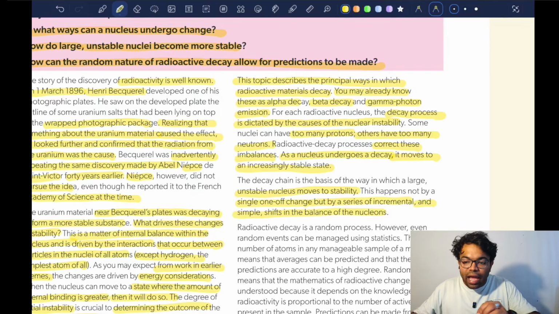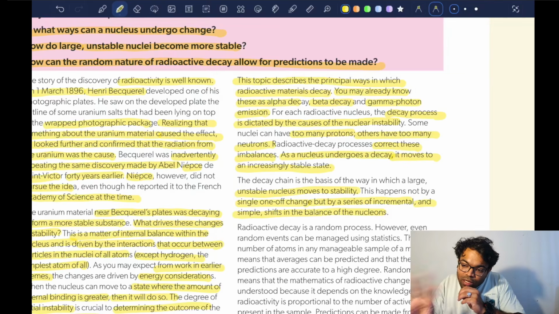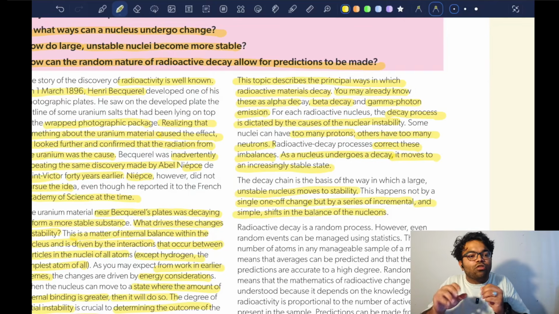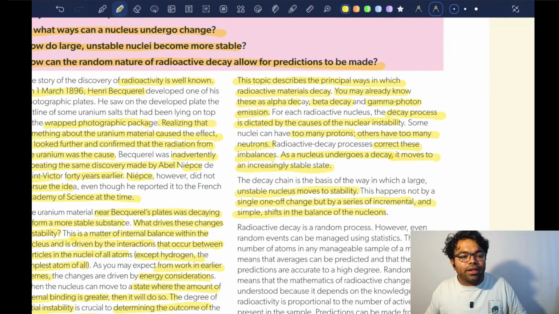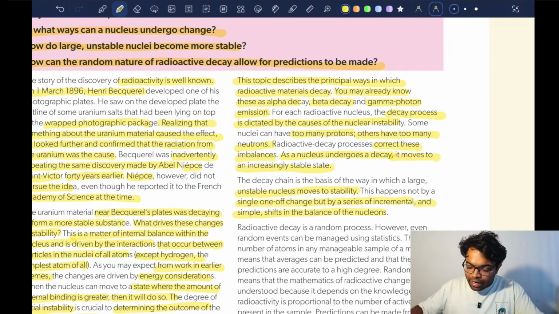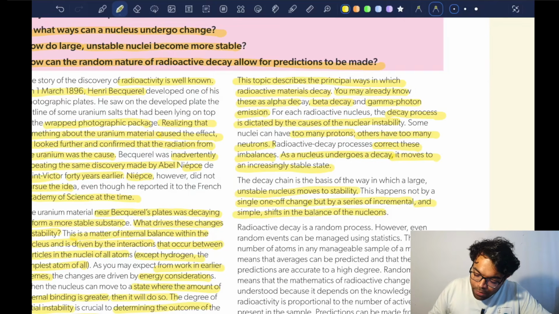Slowly, the unstable atom will throw out one nucleon, sometimes two nucleons. So basically, if it gives out four nucleons at once, you will have an alpha particle. Understood? Now, radioactive decay is a random process.